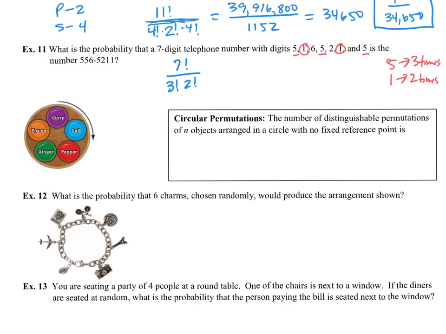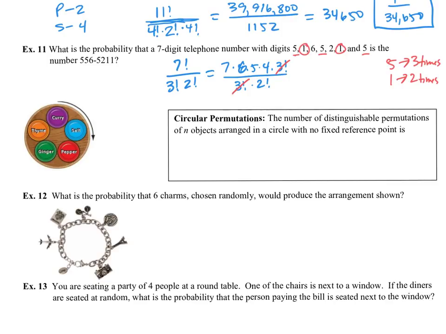I think this one we can do by hand. I'm just going to write 7 factorial as 7 times 6 times 5 times 4 times 3 factorial, and put that over 3 factorial times 2 factorial. The reason I wrote it like that is so that I can cancel the 3 factorial.